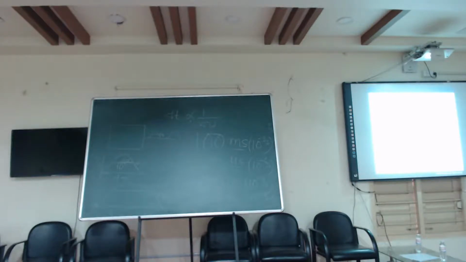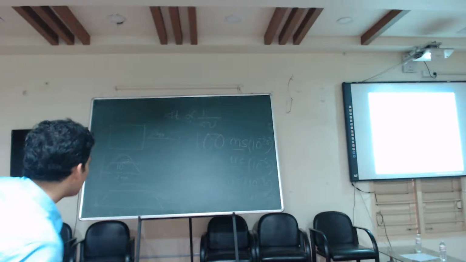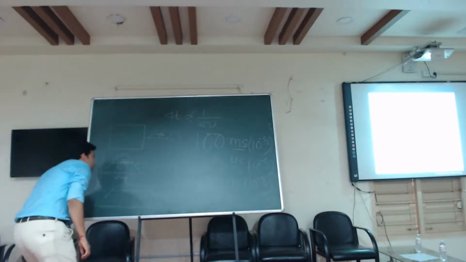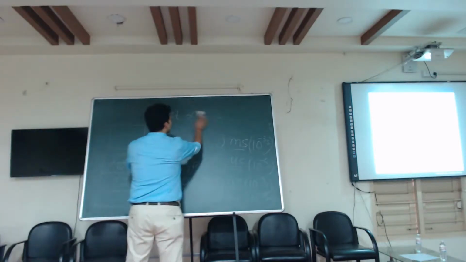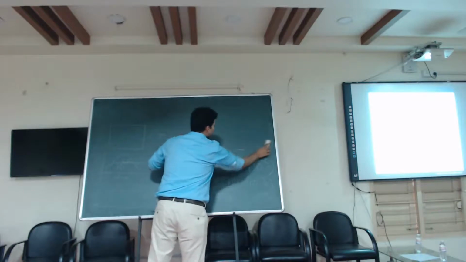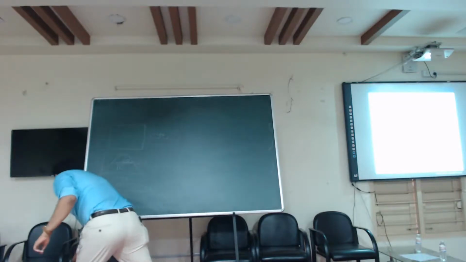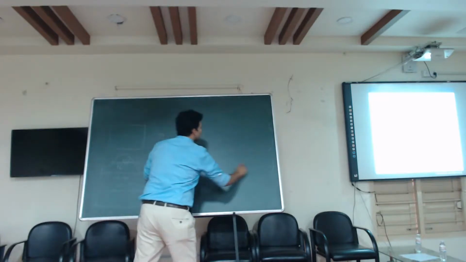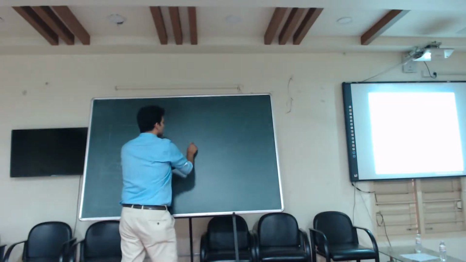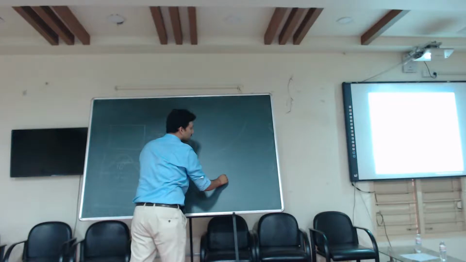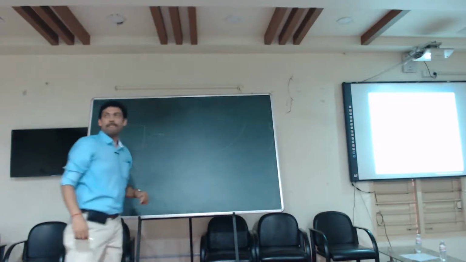If these two colors are propagating through this medium, through this room, what will happen due to dispersion? I will show you the dispersion. Refractive index will change with respect to frequency. This is the normal dispersion we see. This is the refractive index, this is nu.